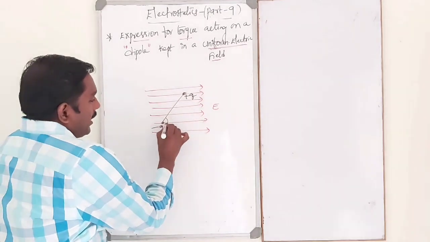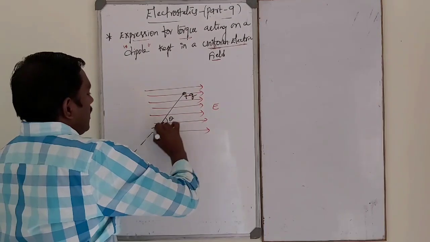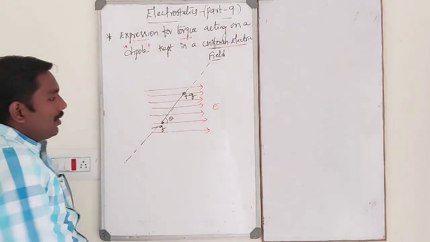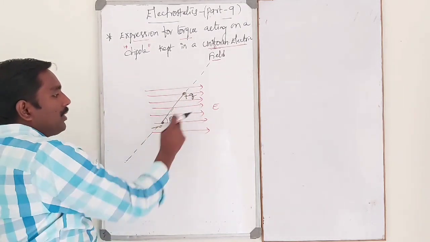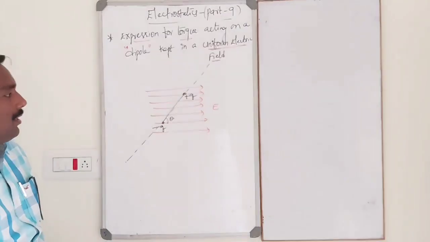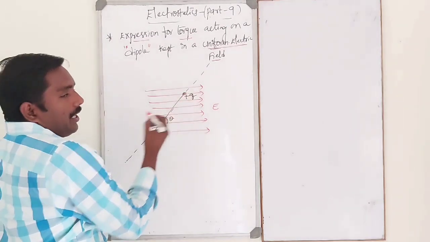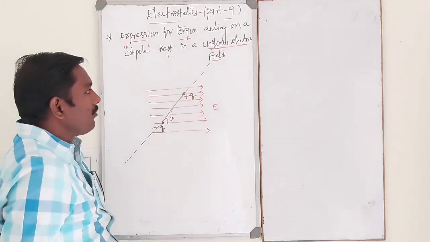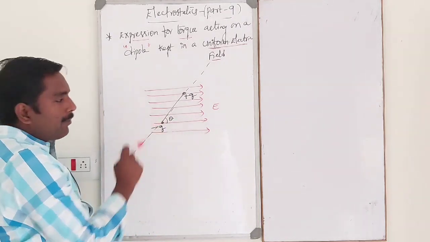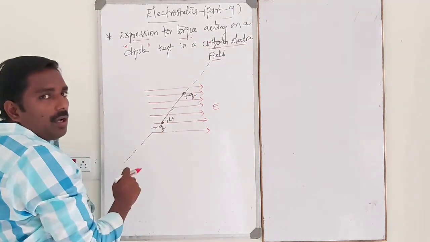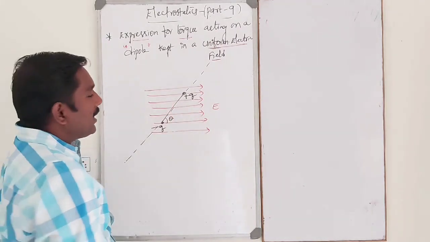And this is the dipole axis, an axial line like this. Theta will be the angle made by the axis of the dipole with the direction of the electric field.